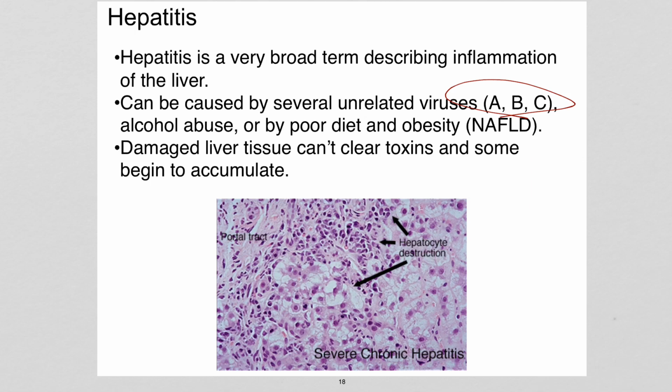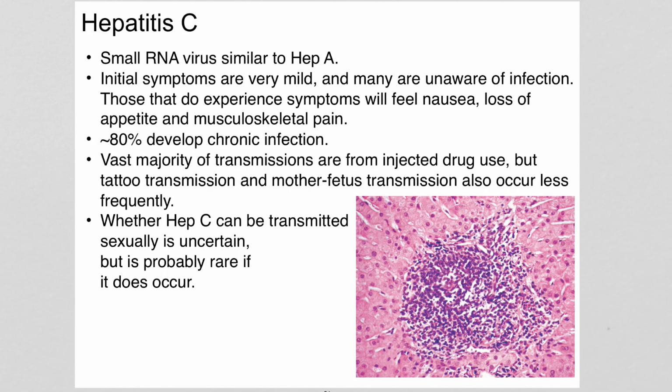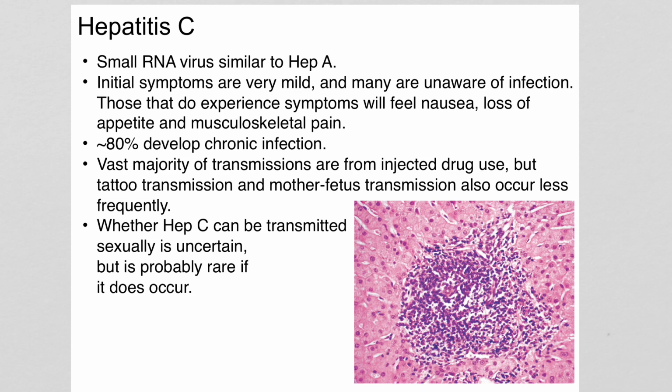We spent maybe the most time talking about hepatitis C, and the one thing that I'll mention, because it is a little bit complicated, is the drug that we talked about. Since Hep C is an RNA virus, it's not a retrovirus, it has to use an RNA-dependent RNA polymerase.